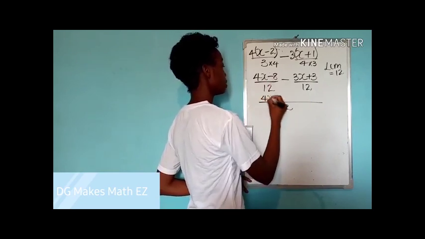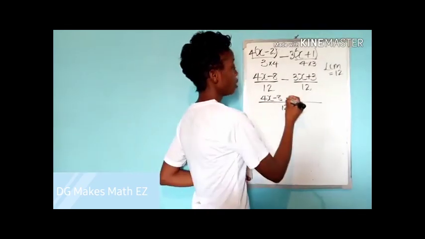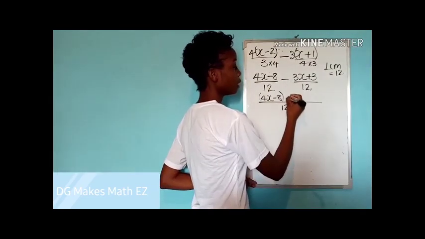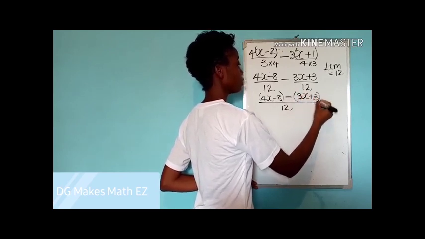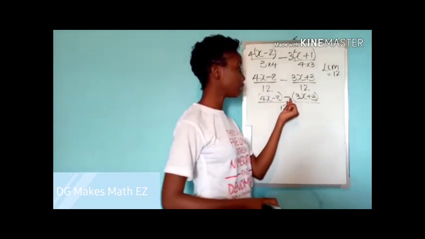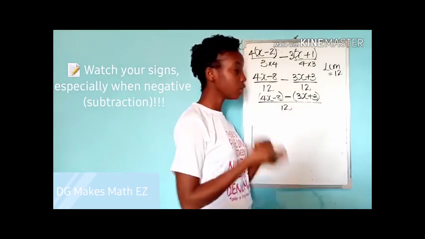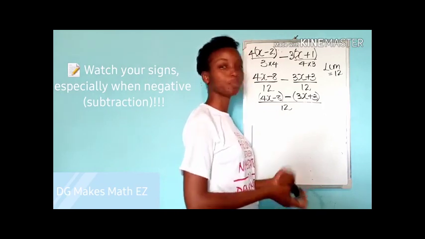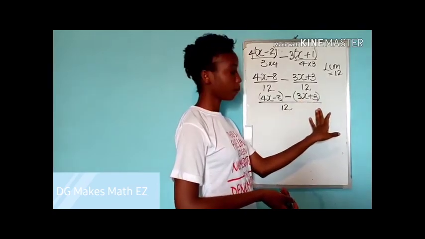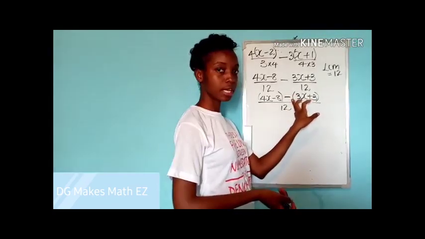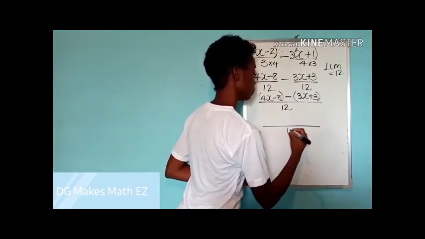4x minus 8. And this is where we pay keen attention. From all of that, we are subtracting 3x plus 3. Now, once you have a minus sign here, especially if you are not a negative sign lover, you might get nervous. Don't get nervous. All right, so you are going to be distributing that negative sign with whatever is inside the bracket.